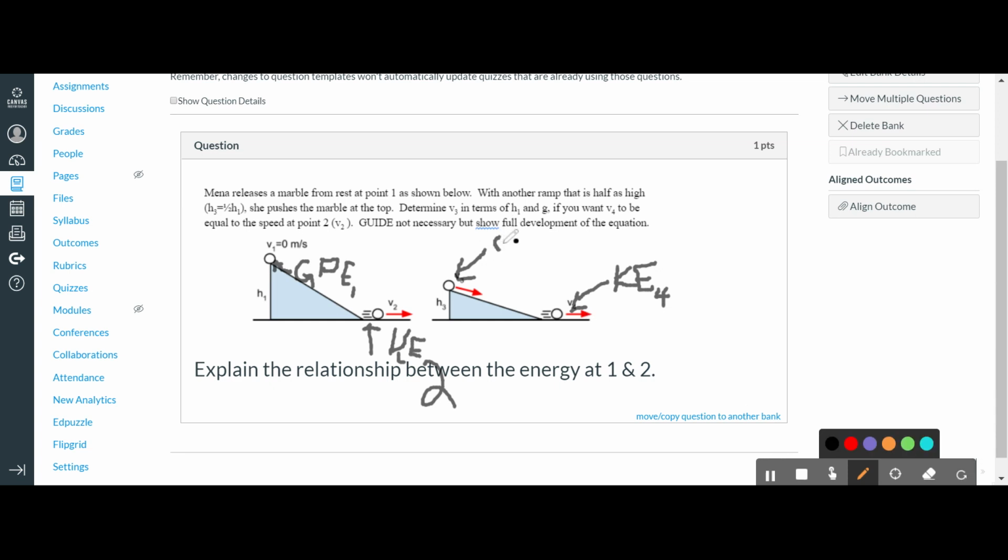Because it's already at a height? If you did, that's right. There is going to be GPE here because it is at a height. But did you also notice it's already moving? Did you catch that it's already moving here? So if it's moving, it's also going to have kinetic energy.